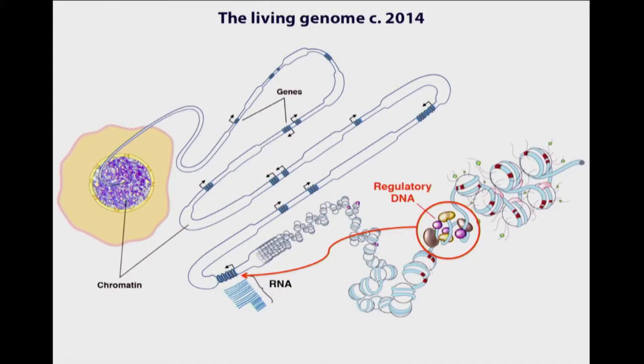Remember, any of these high-throughput assays you've been hearing about are generally all done on populations of cells. So what he came around to is the idea that these elements are not increasing the rate of transcription. What they're doing is acting kind of like an enzyme.